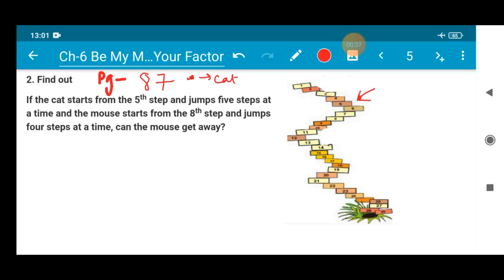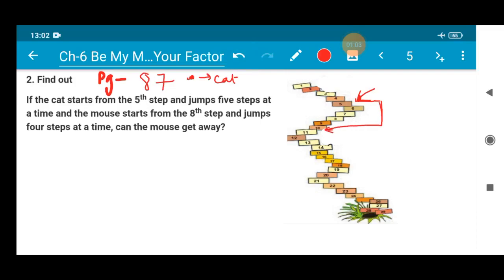Okay, now the 5th step, and jump 5 steps at a time. Now the cat is not taking 3 steps, the cat is taking 5 steps at a time. So if the cat is in the 5th position at first, then after one jump the cat will be at the 10th position, isn't it? Because the cat is taking 5 steps.